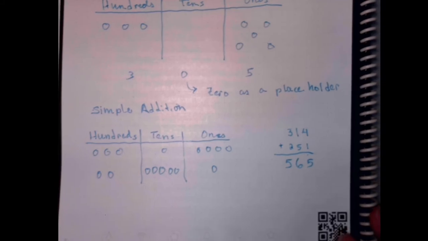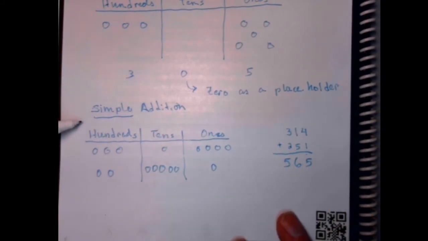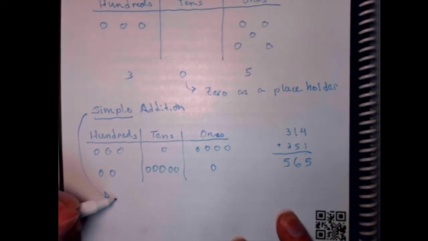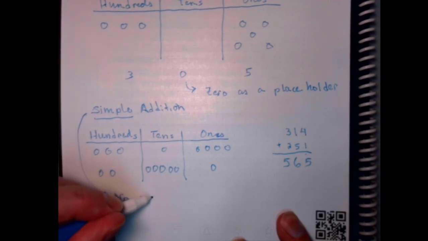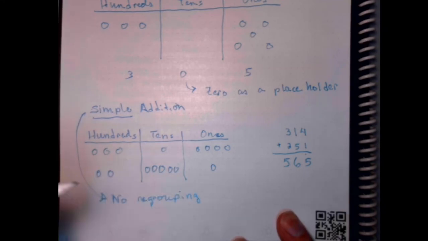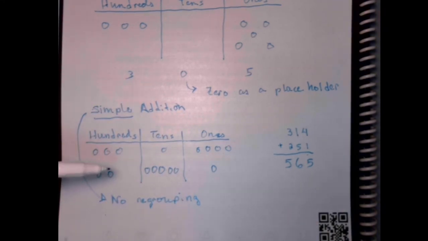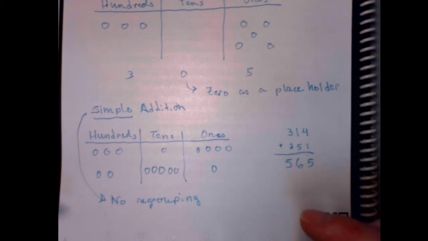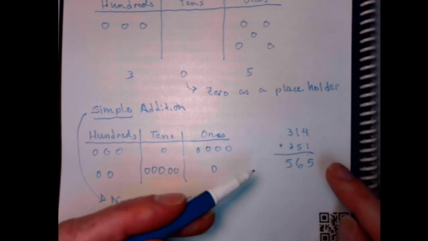The reason I said this was a simple addition is that there was no regrouping. We didn't have to trade in anything for something in another group. So this makes it very easy to understand what's going on here.